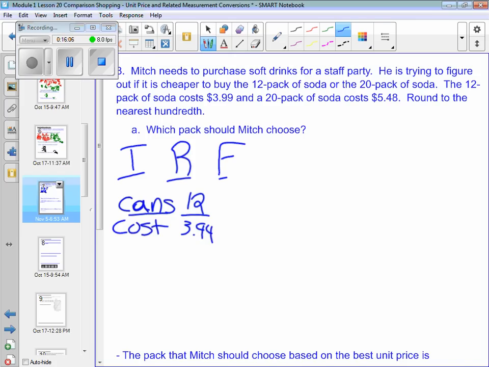Okay, looking good. Did the math. And this one you do have to round, and when you round it, you got 0.274, right? Okay, all right, let's do the 20 pack.